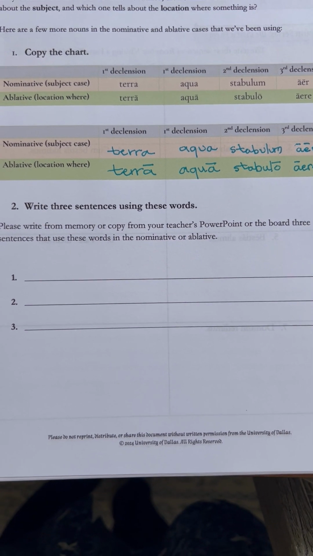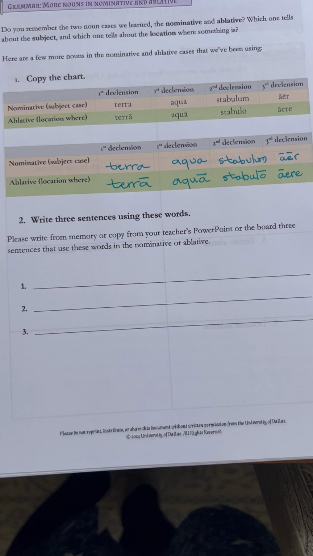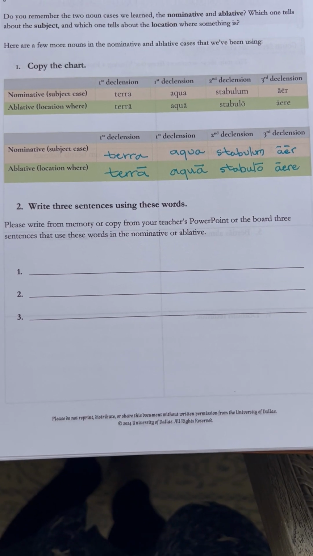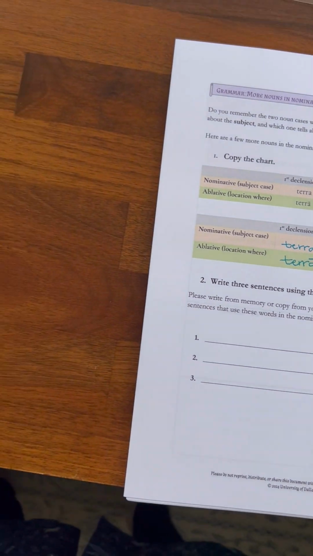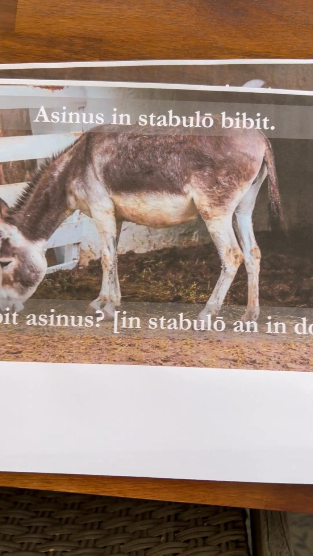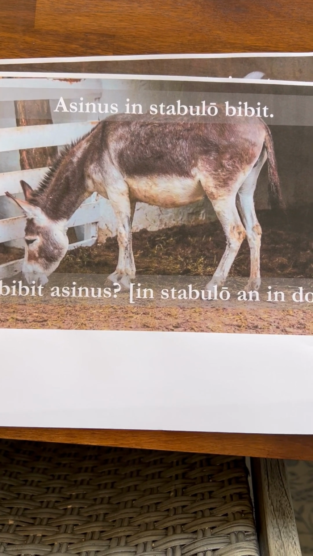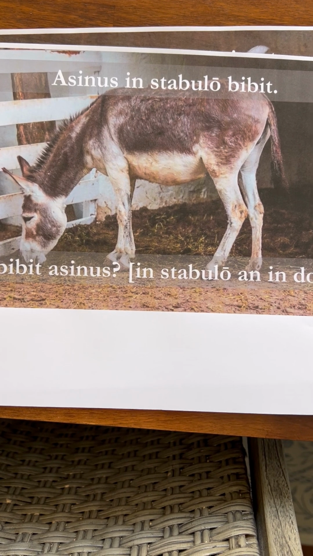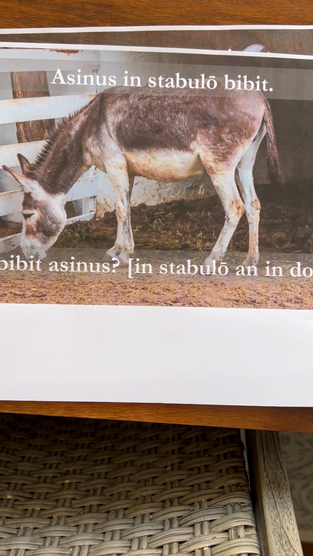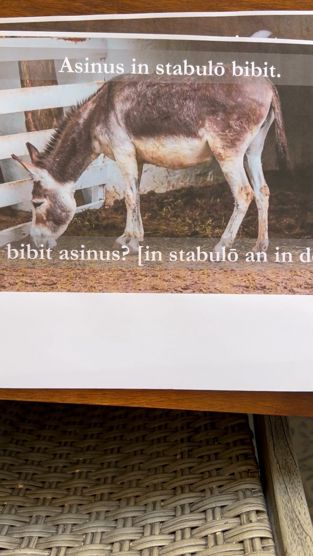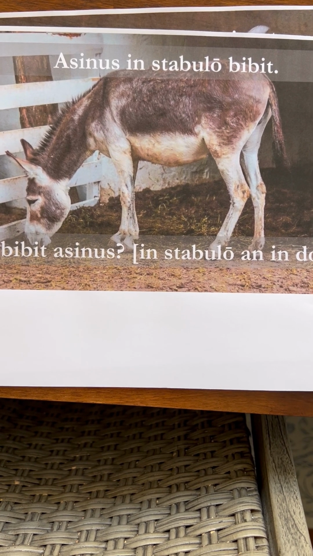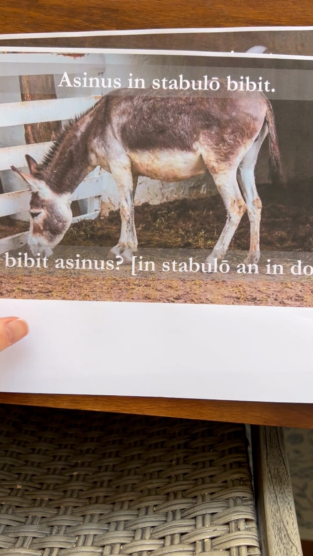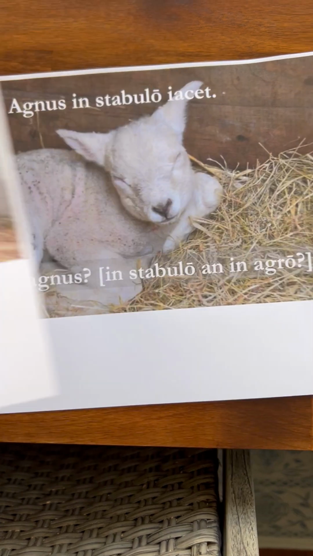But I'm going to show you some of these in different uses. So here we have one. Asinus in stabulo bibit. There's that O with the macron.